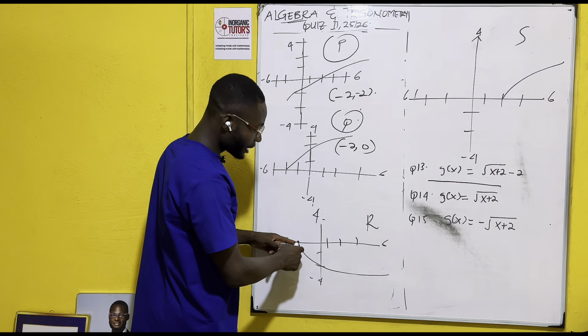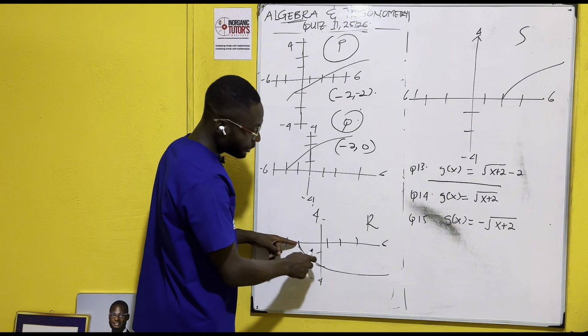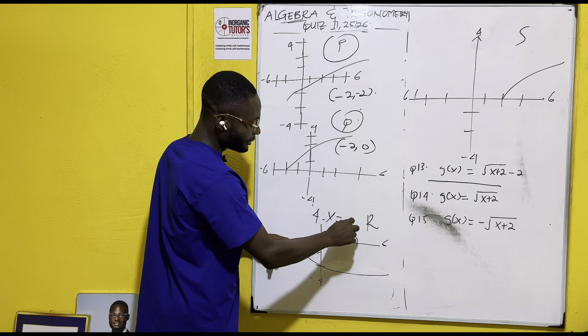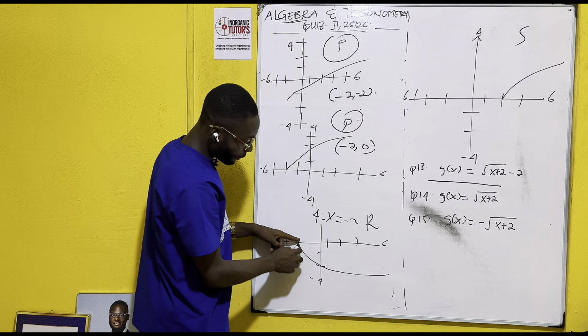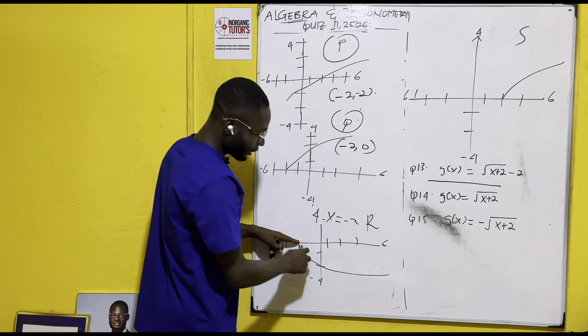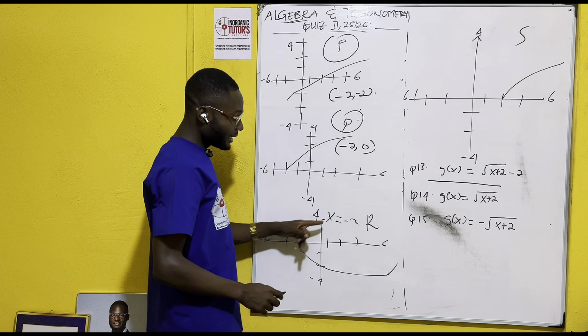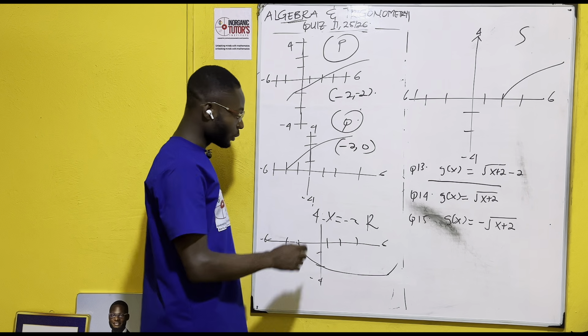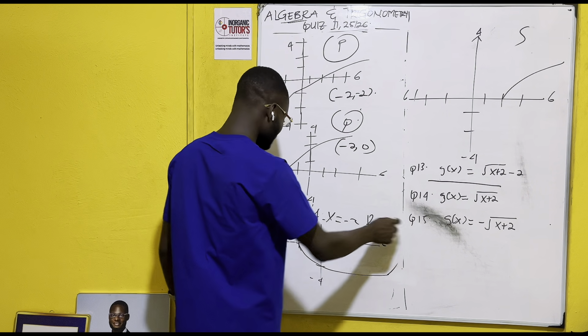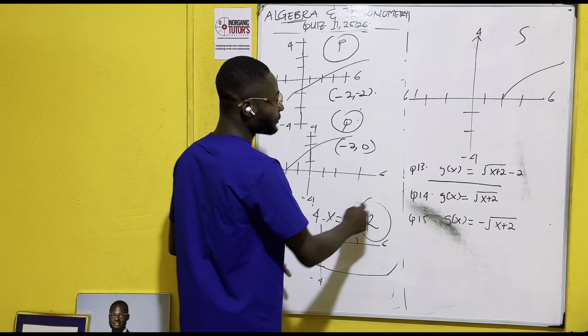You can see that s is negative 2. So negative 2 and 0, but across the x-axis. So with question 15, the correct graph is R.